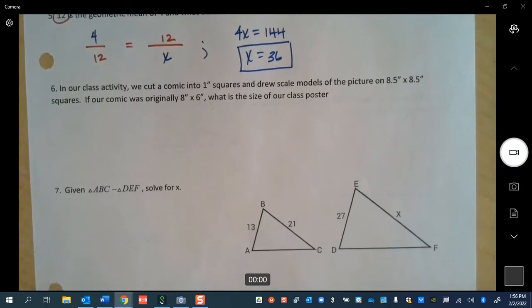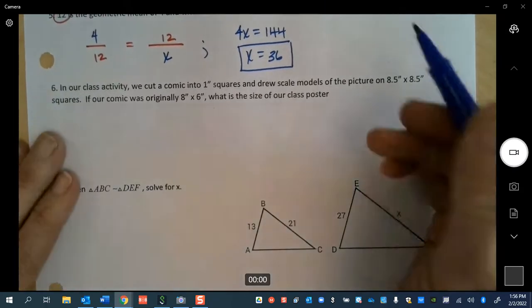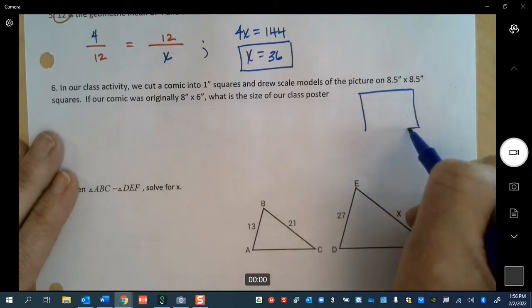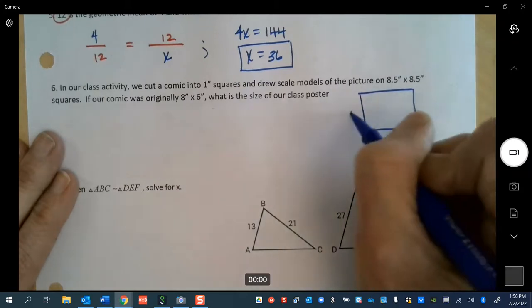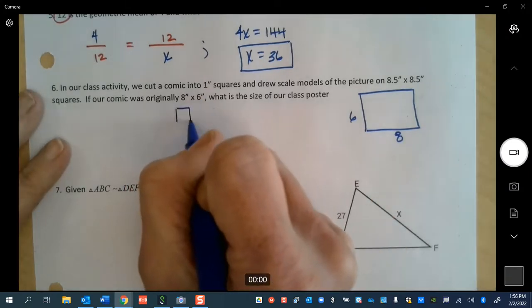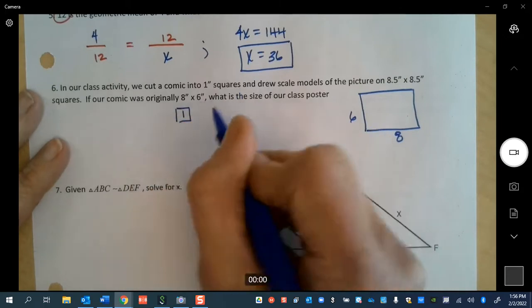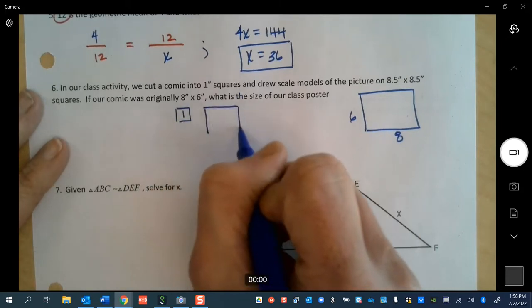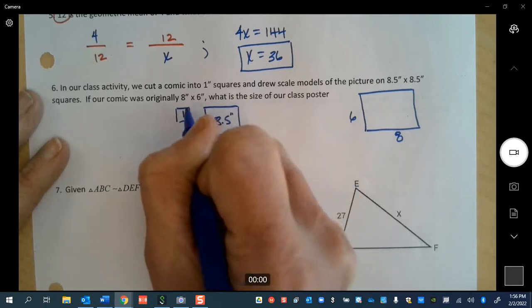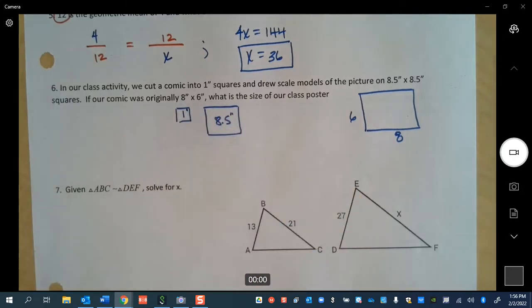So in our class activity, we had a comic, and that comic was, we'll just say 6 by 8. And I want to know what the poster is outside. Well, when I look at each of our squares, we had a 1-inch square, and we blew it up to an 8.5 inch by 8.5 inch square.